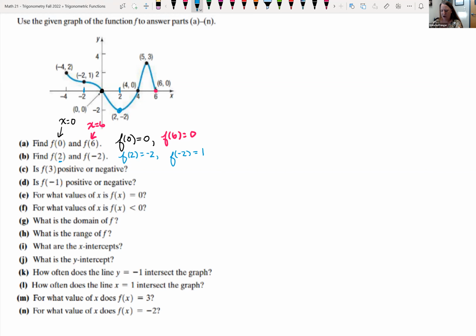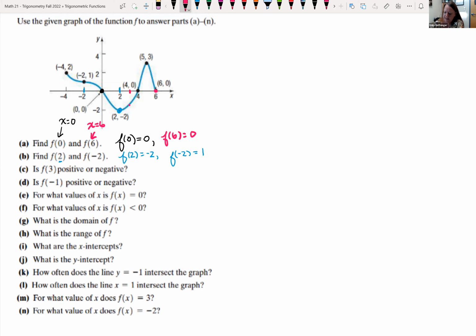Is f of 3 positive or negative? So it's asking me, when my x value is 3, is my y value a positive value or a negative value? So let's look at this. When x equals 3, between 2 and 4, my y value falls below the x-axis.